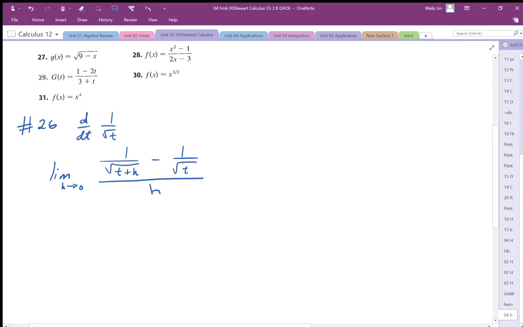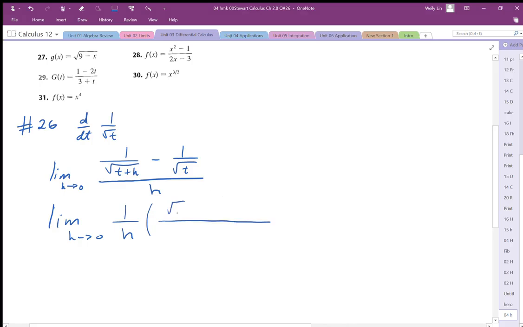So I want to first of all combine this into a ratio so I can deal with this h, and so I can free up some factor of h to cancel with that h. So I'm going to first of all take that h out of that complex fraction and make it 1 over h. And in the numerator, I'm going to get a common denominator here.